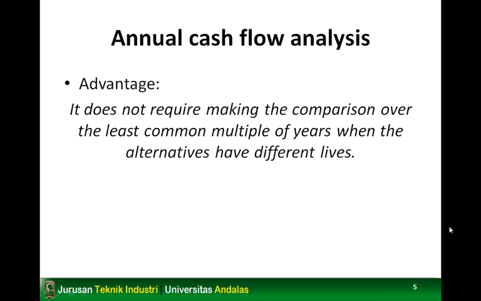For example, when we are doing present worth analysis, we have alternative A with the life of 5 years, and alternative B with the life of 15 years. So we need to calculate the least common multiple of 5 and 15, which is 15. So we will do the present worth analysis for 15 years for each alternative. That is for the present worth analysis.